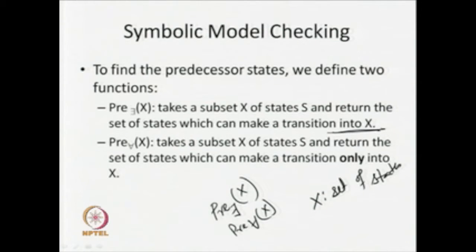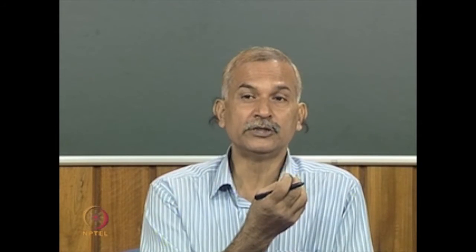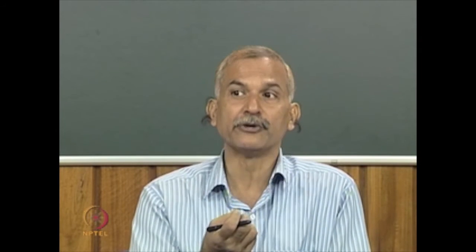And Pre∀(X) is similar to Pre∃(X), but in this case we take only those states which can make a transition only into X. This is the crux: transition only into X. For Pre∃, if at least one transition is coming to X, I can say that there exists a transition going to this particular subset X. That means, if I give a subset X, we find the predecessor states of X where at least one transition comes into X. But when we talk about Pre∀(X), we consider those states which make transitions to this particular subset X only.